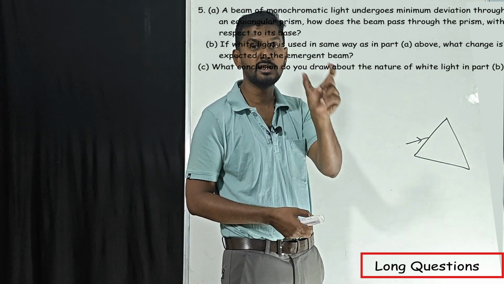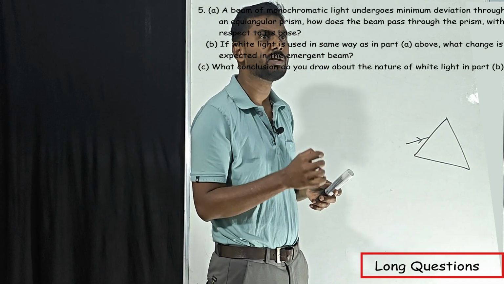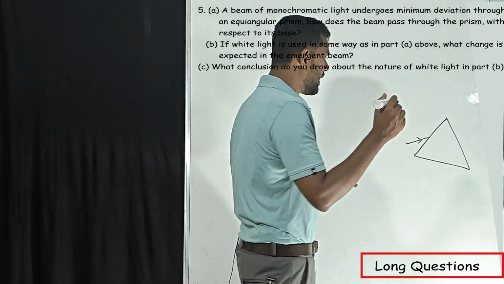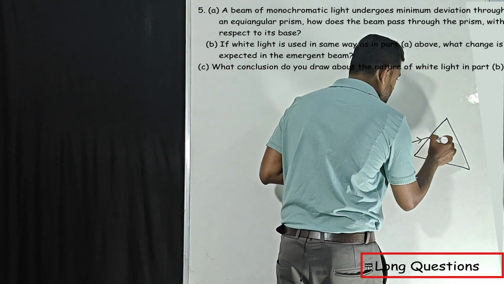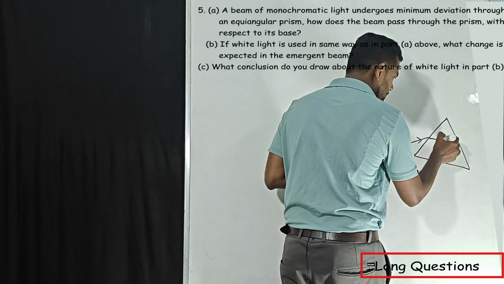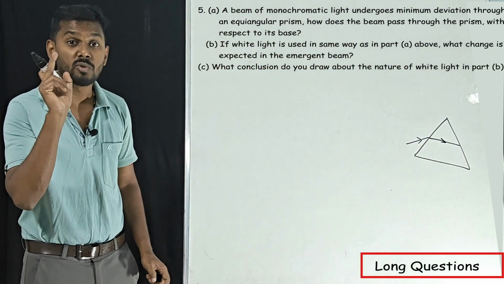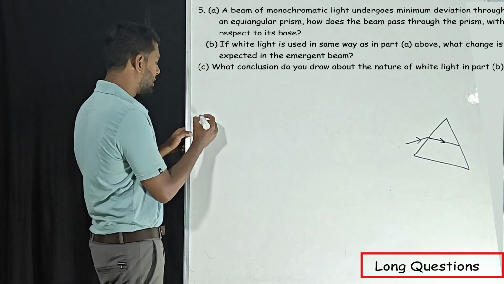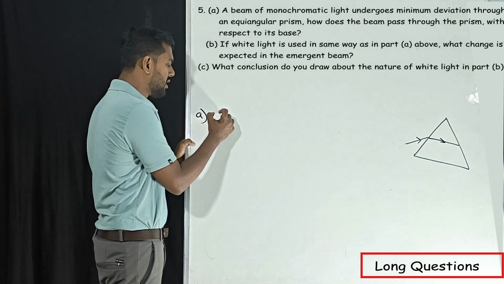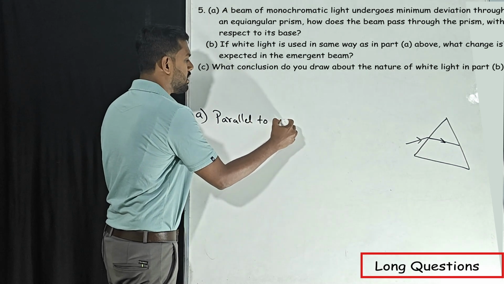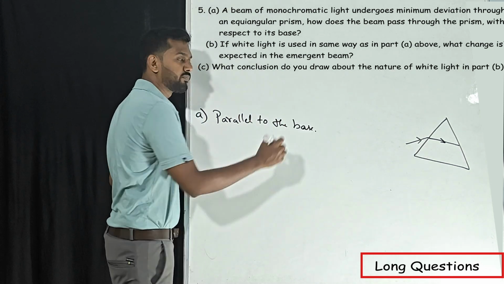If it is minimum deviation, the refracted ray inside the prism will be parallel to the base of the prism. Keep this in mind. So the answer for this question will be parallel to the base.